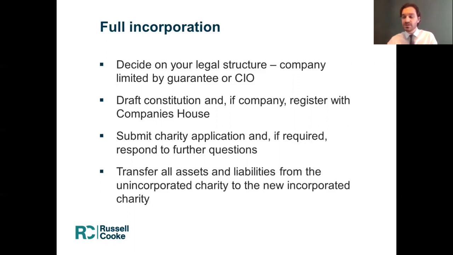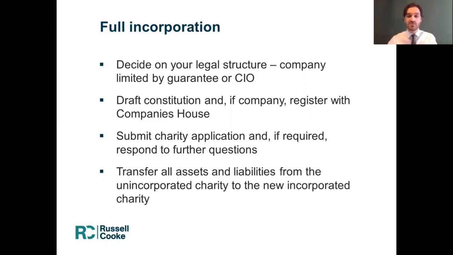A few differences between the two types of legal structure to hopefully help with any decision around which to pick. Firstly, a couple of things potentially in favour of a CIO. There is sometimes a perception that a CIO is simpler than a company because it is just regulated by the Charity Commission rather than also being a company, and the trustees can think of themselves just as charity trustees rather than also as company directors.